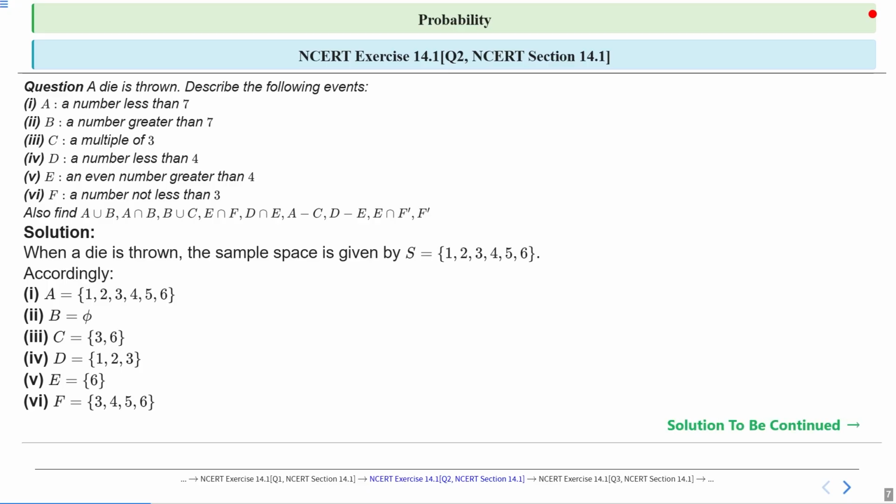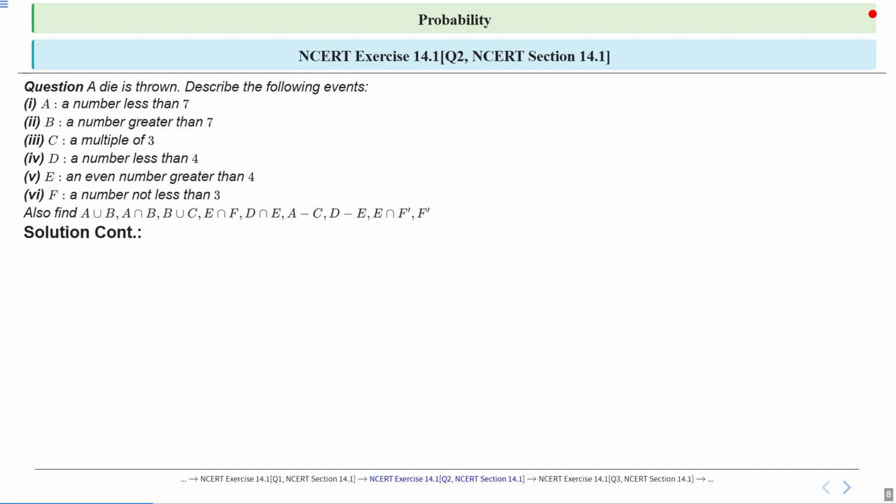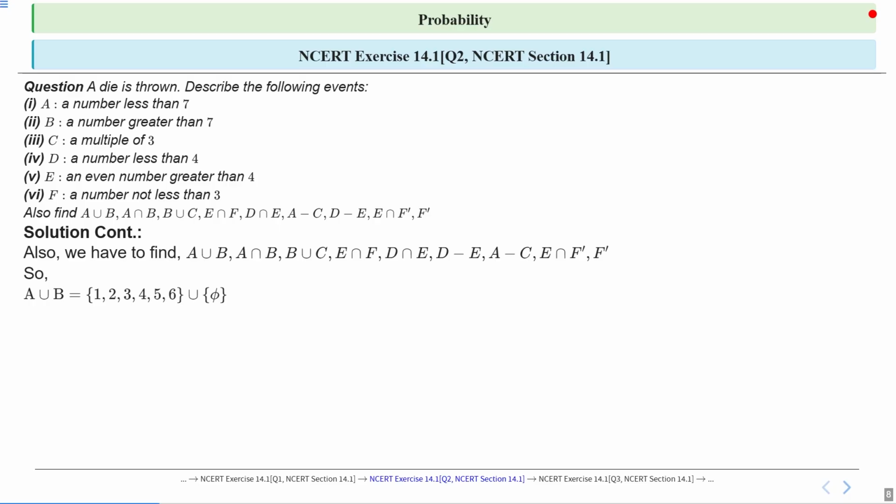So let's calculate that. We have to find A union B, A intersection B, and so on. A union B. What is the definition of A union B? A union B means we will take those numbers which are in A or in B or in both.